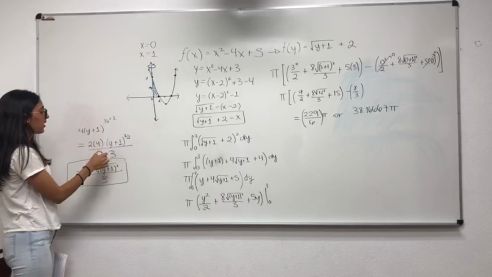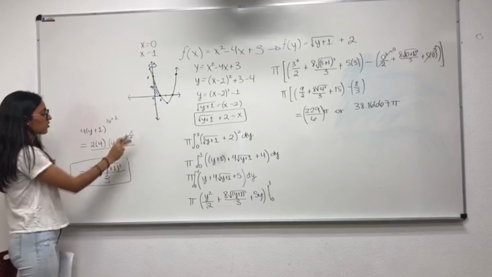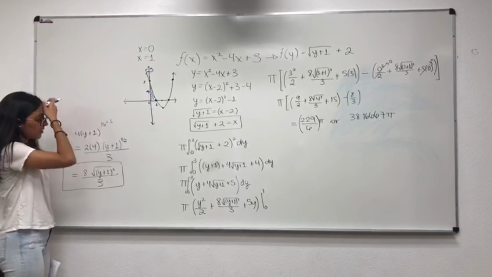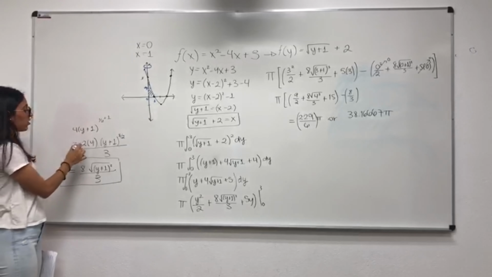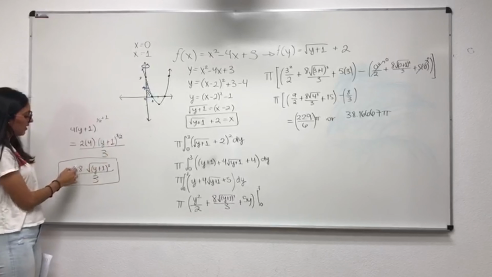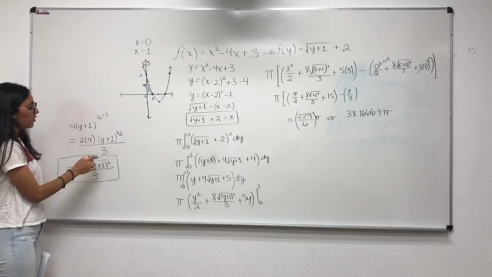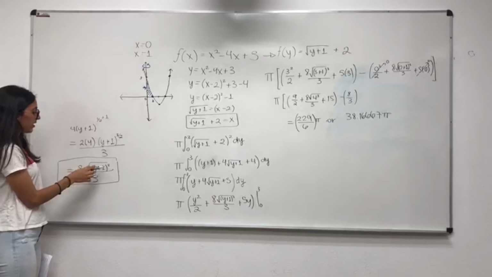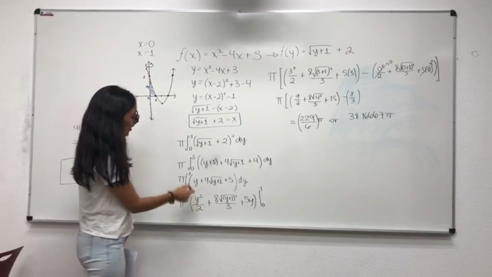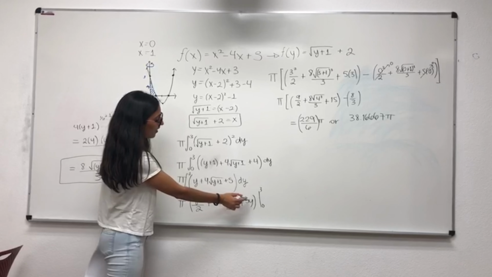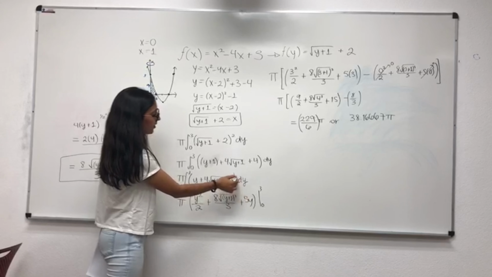And we divide over 3 halves, which just flips, and we have the 2 on top, and then we have 3 in the denominator. So we just solve this again, and it gives us 8 times (y plus 1) to the 3/2, over 3. So we have the same function here, and then we have plus 5y.